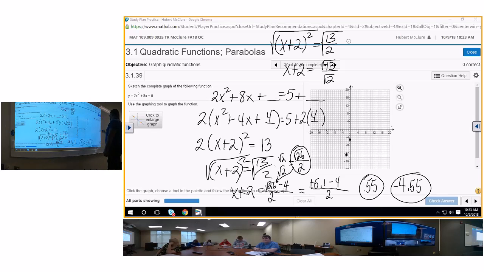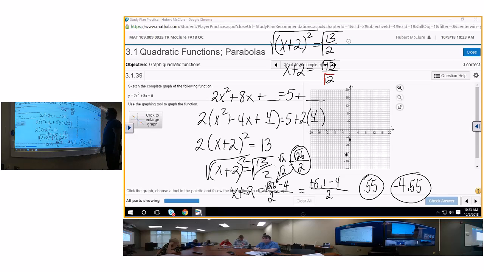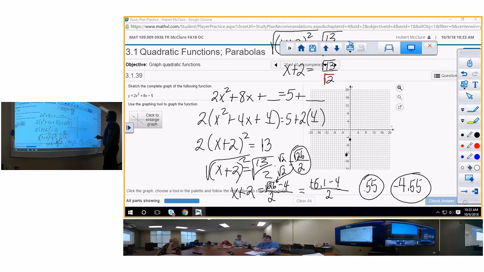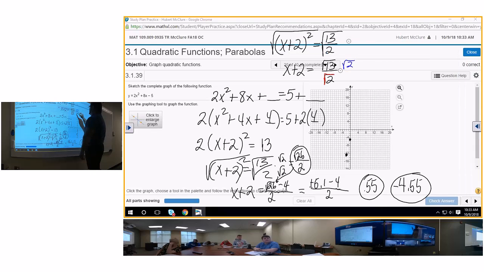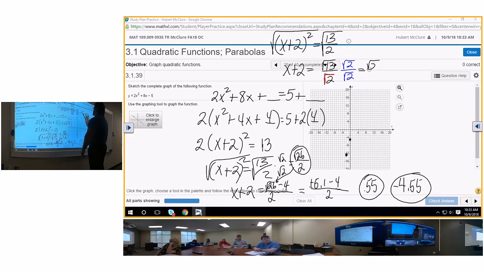Well, the square root of 2 is not good. You don't want this, okay? So I got to multiply by the square root of 2 over the square root of 2, and that's going to give me the square root of 26 over 2.